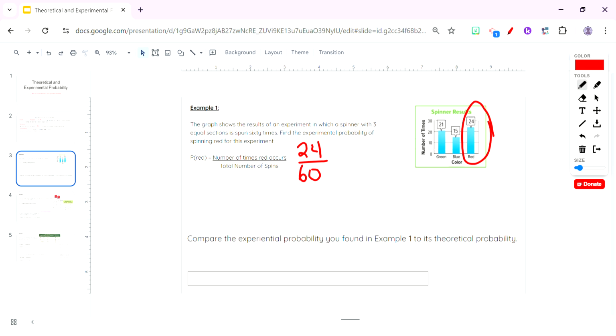Okay, and if you actually divide by 12, you do get 2/5. So your experimental probability is 2/5, 0.4, right? If you divide 2 divided by 5, you get 0.4. Then if you move this decimal point 2 places to the right, you end up getting 40%.